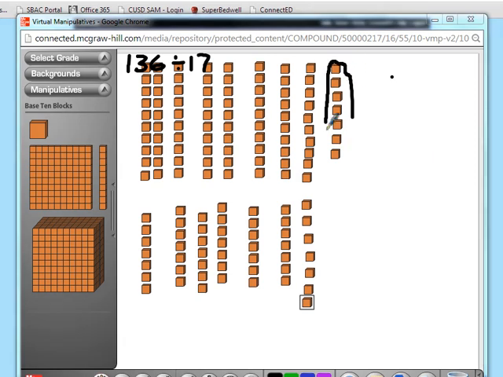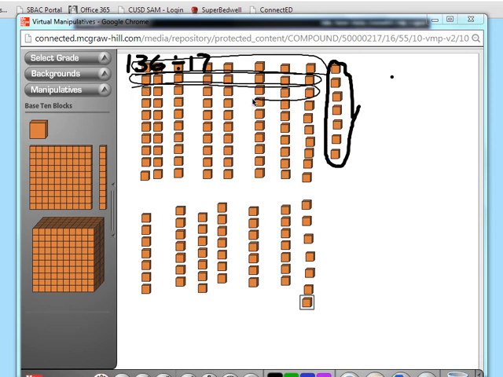I have all these left over here, right? So those aren't really part of my groups. So what I want to do is, this is a group, this is a group, this is a group.